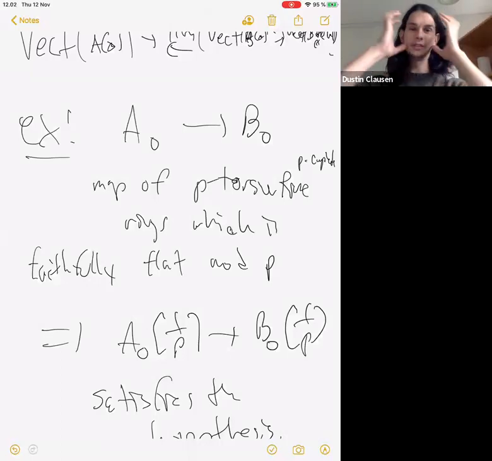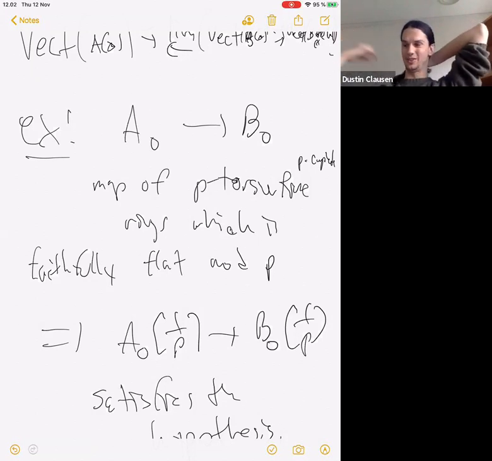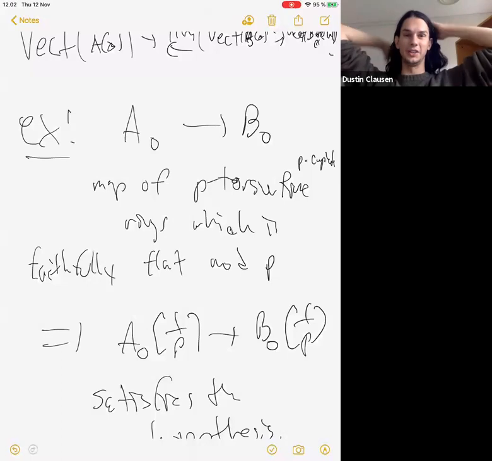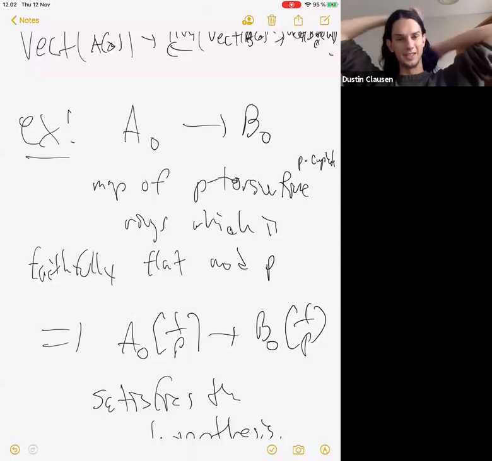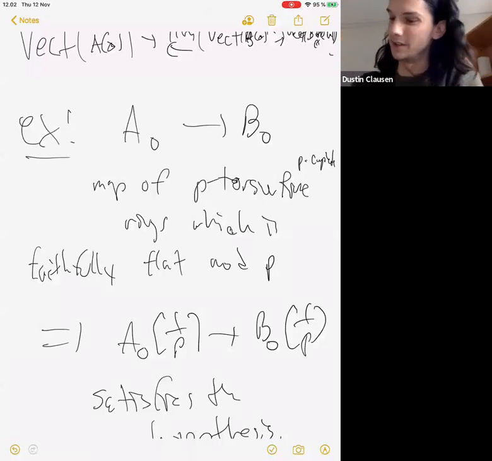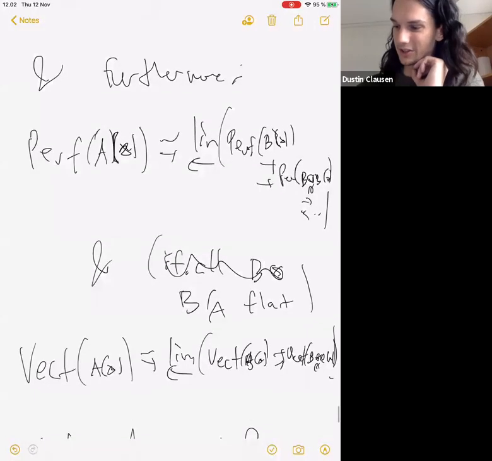And that's a very special case of this, where you start out with just a map that's faithfully flat mod p, but that's a localization mod p. Then Drinfeld made this observation that you don't need a localization and you don't even need any finite type hypotheses. It could be a very wild infinite thing, but as long as it's faithfully flat mod p, you still get this descent for vector bundles on the level of the rigid analytic generic fiber.